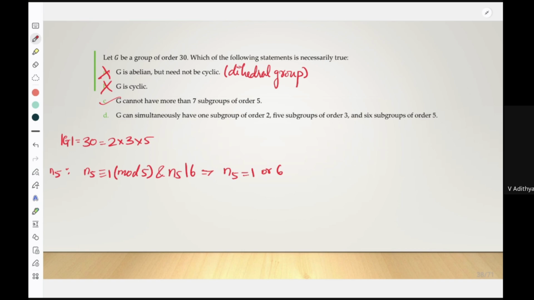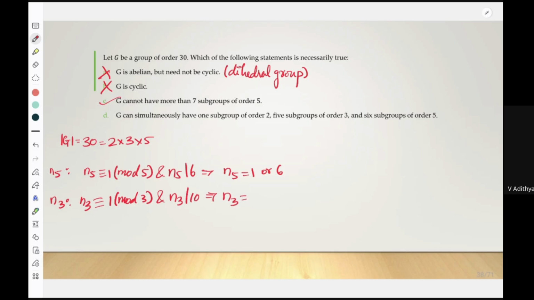What about D? G can have 1 subgroup of order 2, 5 subgroups of order 3, and 6 subgroups of order 5. What do we have? Let's check the other, N3. We have N3 is congruent to 1 mod 3, and N3 divides 10.